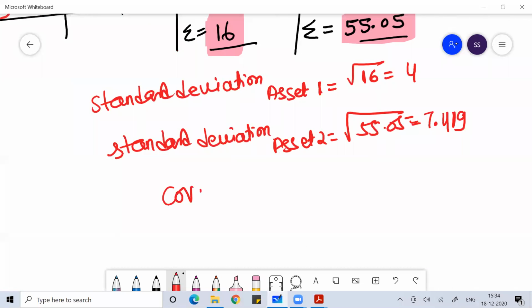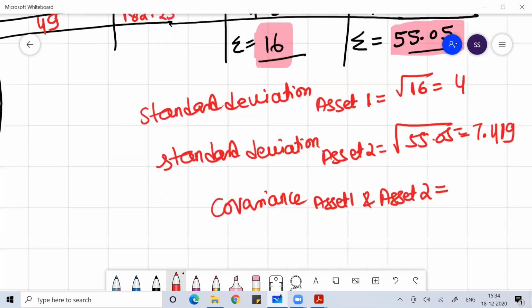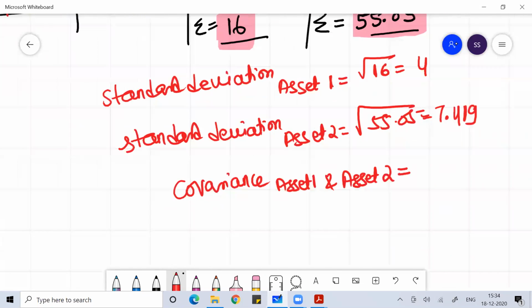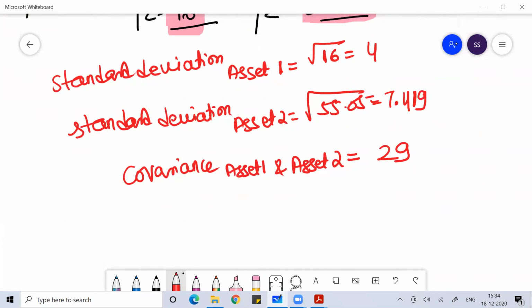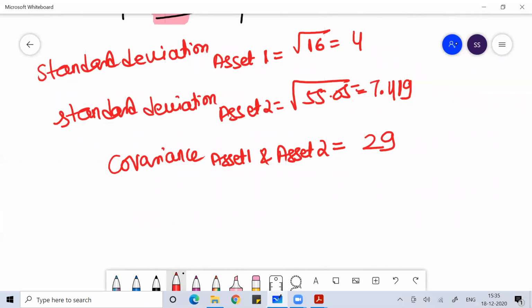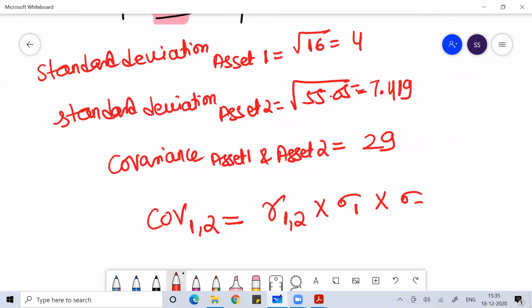You know the covariance between asset 1 and asset 2, that was 29. So you know the formula: the covariance between 1 and 2 is equal to the coefficient of correlation between 1 and 2 into standard deviation of 1 into standard deviation of 2.